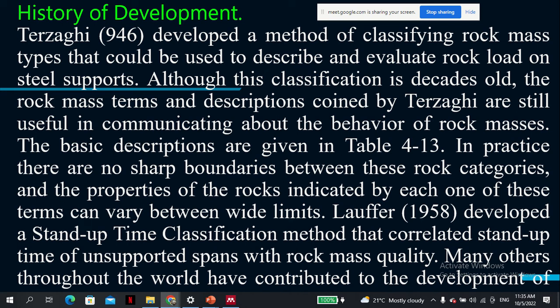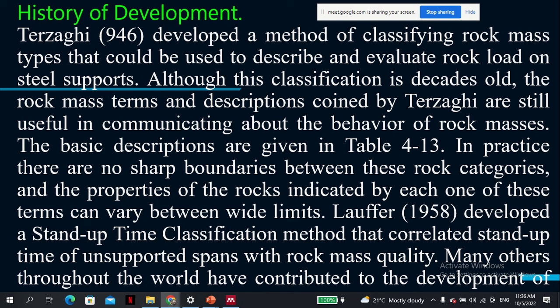The basic descriptions are given in table 4.4-13. In practice, there are no sharp boundaries between these rock categories, and the properties of rock indicated by each one of these terms can vary between wide limits.